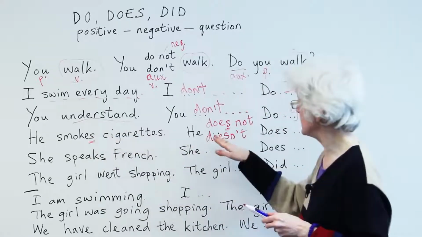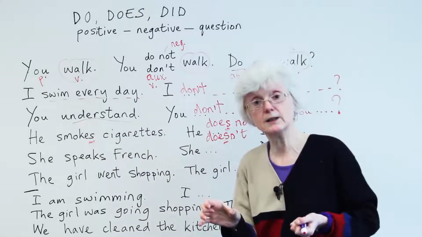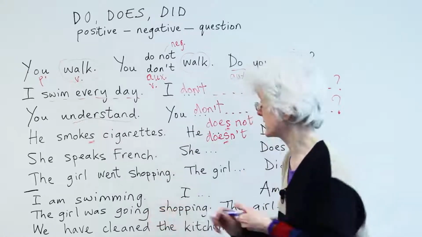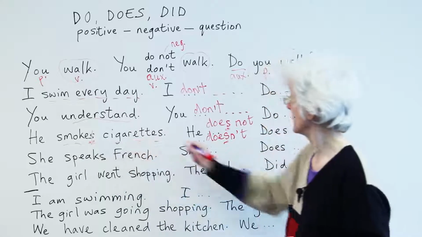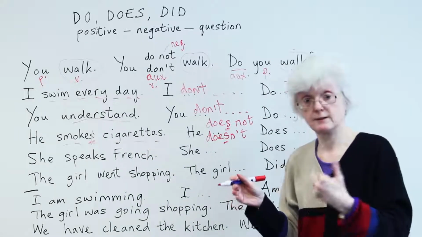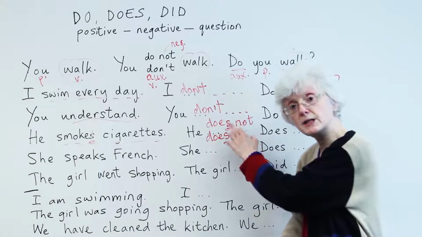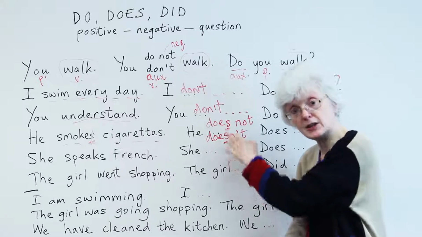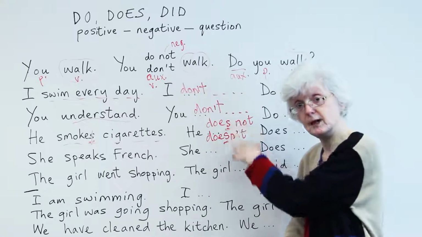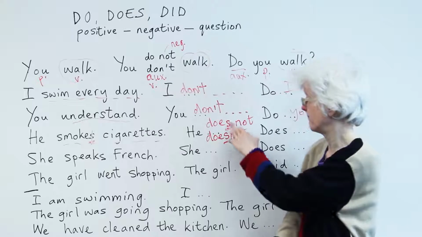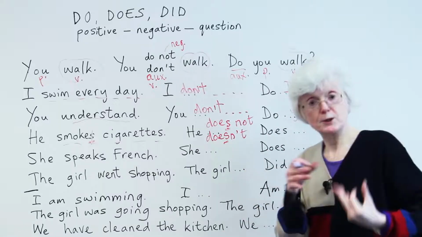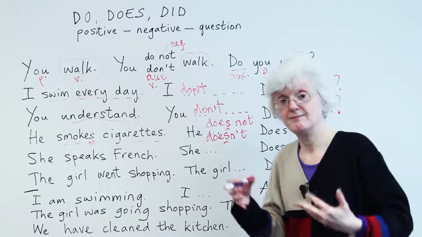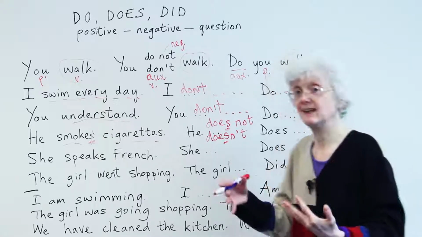So we say he doesn't smoke cigarettes, because we've already used the S in the does part of the sentence. That's a bit confusing, but the more you practice it, the easier it will get.